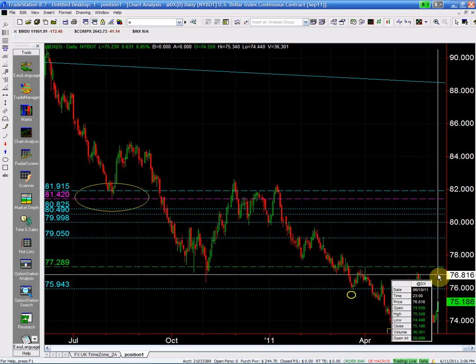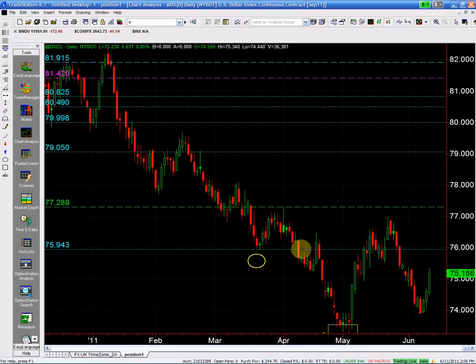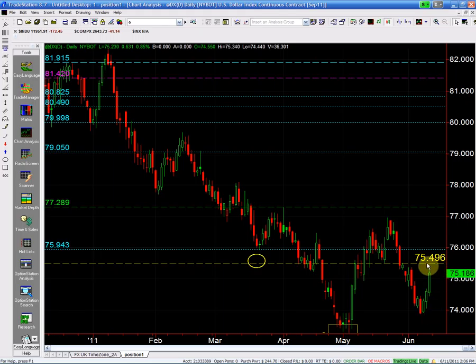Now we have a little bit of a minor structural point around the 75 right there, which is about 75.49. So the high of the day of Friday was 75.34, and that reference point is 75.49.